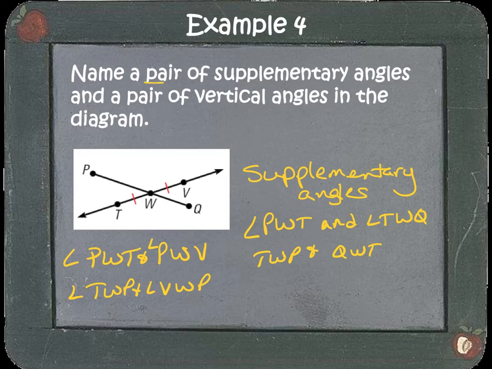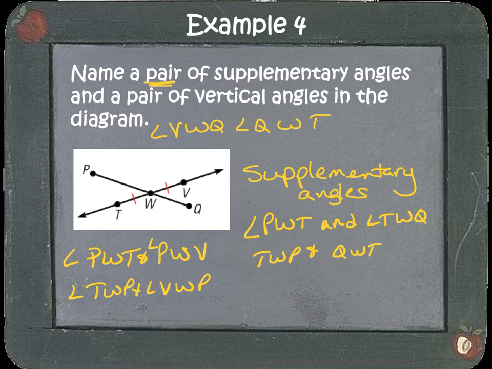When it says name a pair, any of these would be acceptable. Now we also have another pair. If we come over here, let's see, VWQ. So we can go this way, and we could say VWQ along with QWT. Those would be a pair of supplements. So you could keep going around and just find a pair, and that would form supplementary angles. Does that make sense?